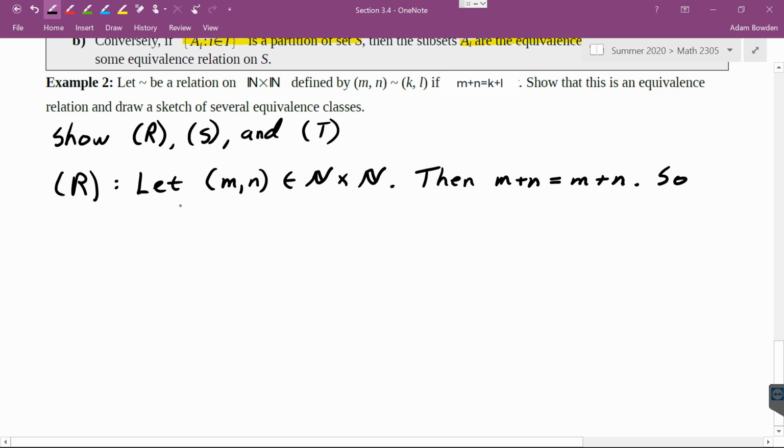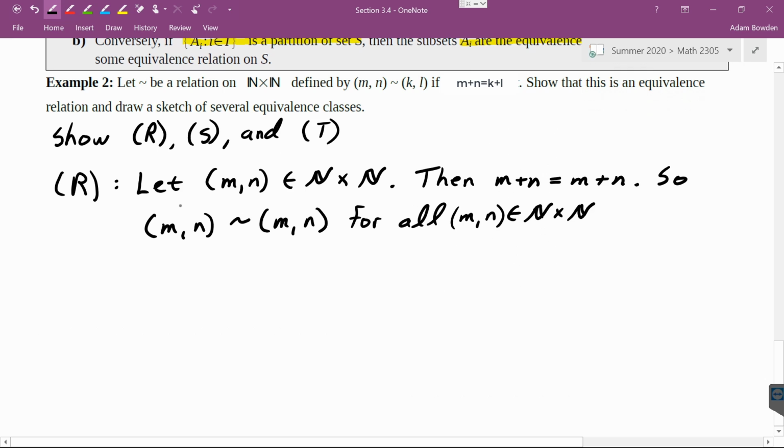So we can say by the relation that m, comma n is related to m, comma n for all m, n in the natural number set. A fairly straightforward thing to say, but it does show that this is reflexive.